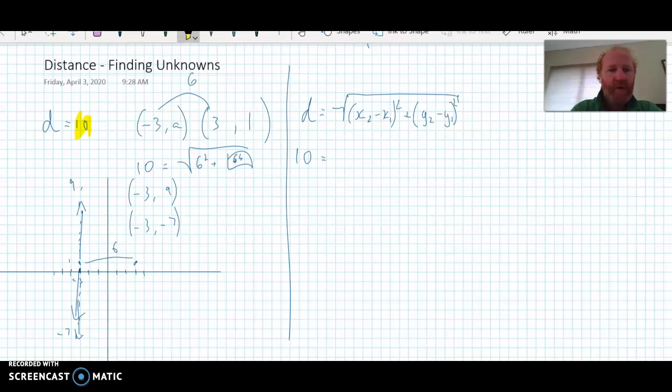We know 2 x values. That is 3 minus -3. And we know, kind of, 2 y values, and those are 1 minus a.